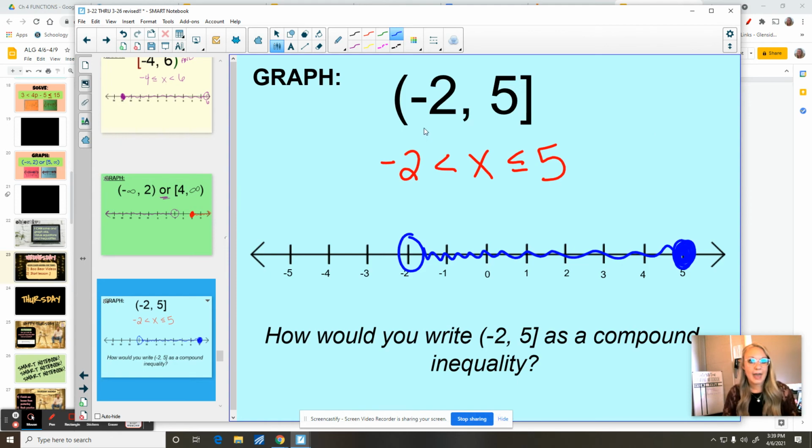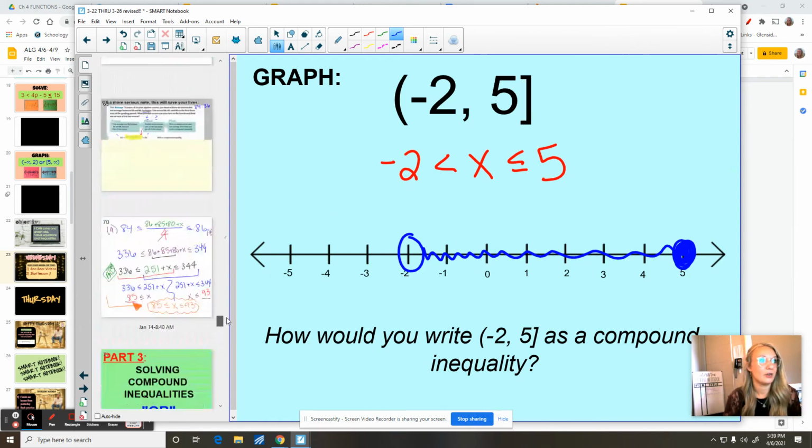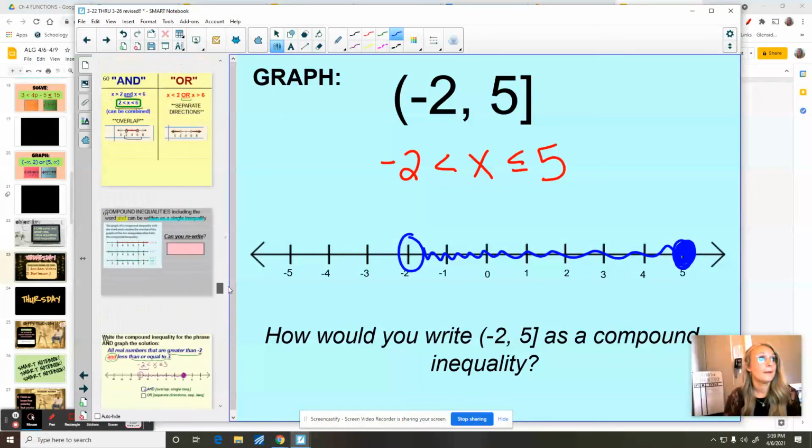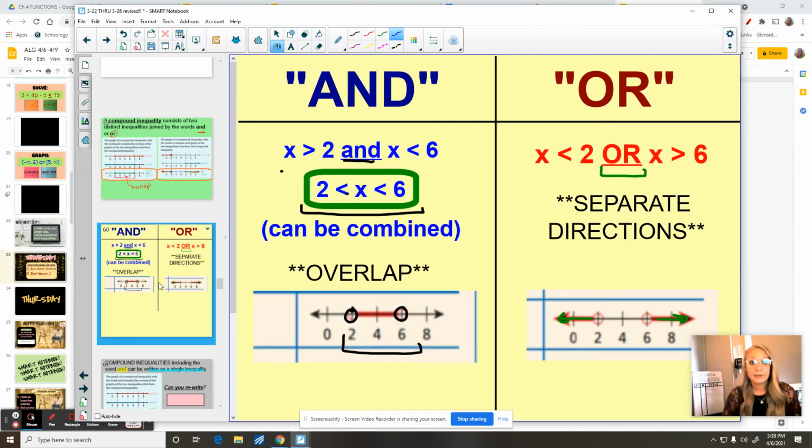So just to sum up everything that we covered in our compound inequalities lesson, because it was quite a lot. When we have compound inequalities, they're joined by the word and, or they're joined by the word or. Our and inequalities can be written as a single combined one with your variable in the middle. We also know that when we graph it, it's almost like there's an overlap.